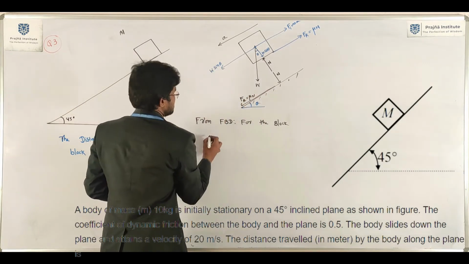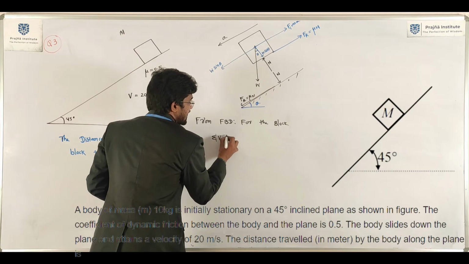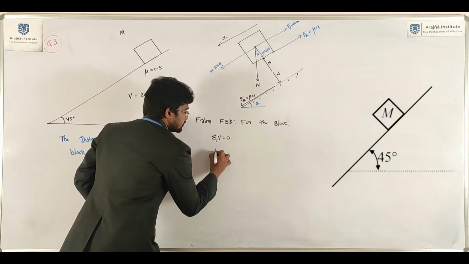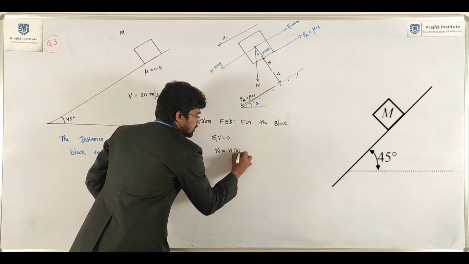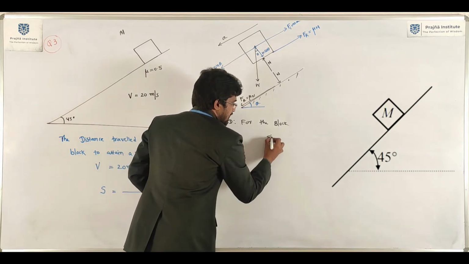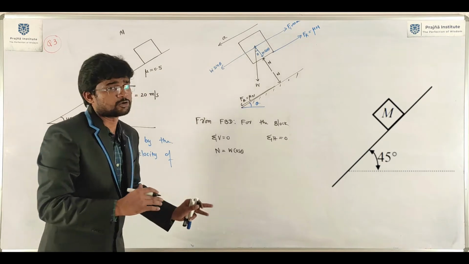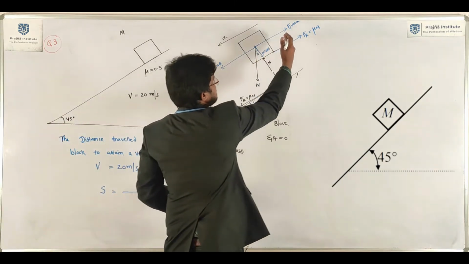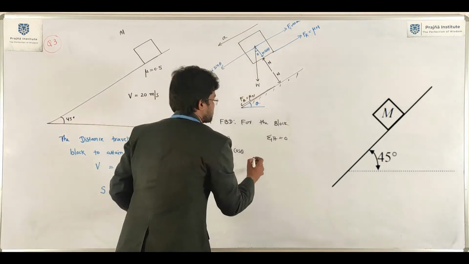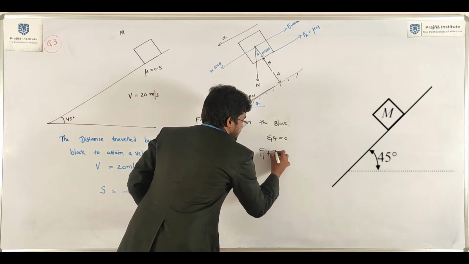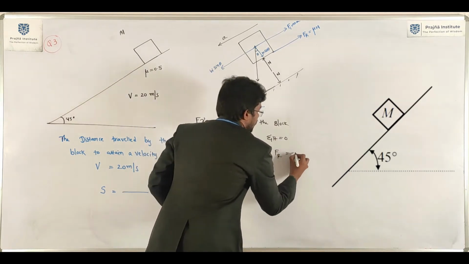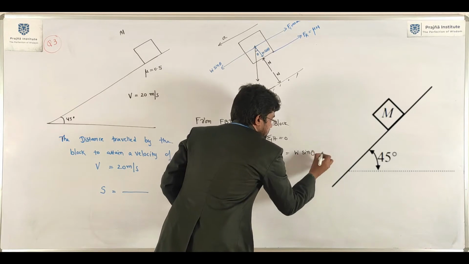Now, sigma V equals zero gives N equal to W cos theta. Sigma H: the sum of the right forces equals the sum of the left forces. Inertia force plus frictional resistance equals W sin theta.